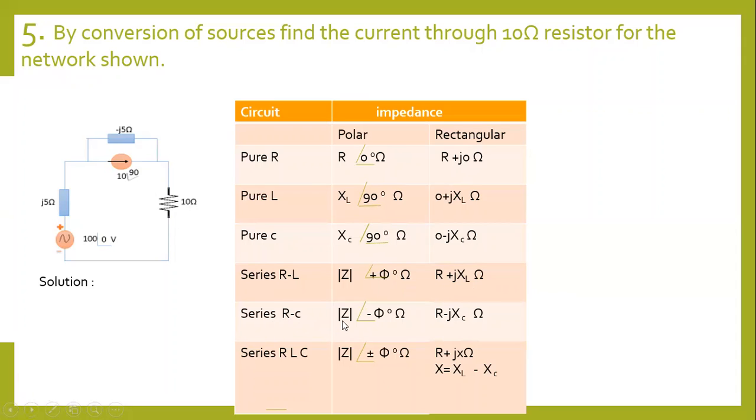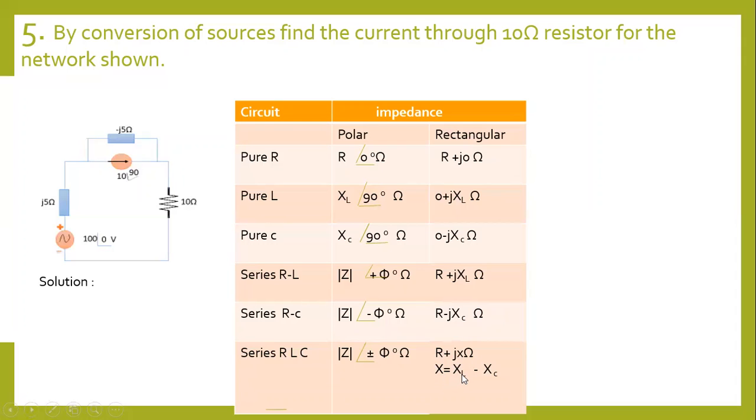Series RC, magnitude of impedance Z at an angle minus phi. Phi can be any degree, minus 90 or minus 180. R minus JXC is the representation in rectangular form. If there is a series combination of RLC, then it is the magnitude of impedance at an angle plus or minus phi, R plus JX ohms.